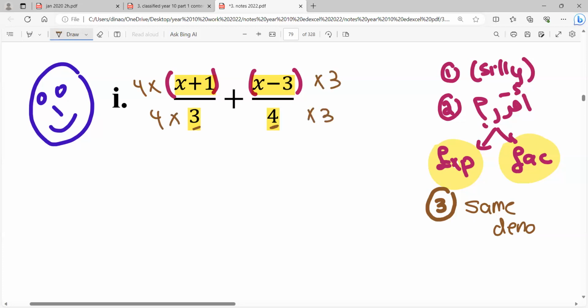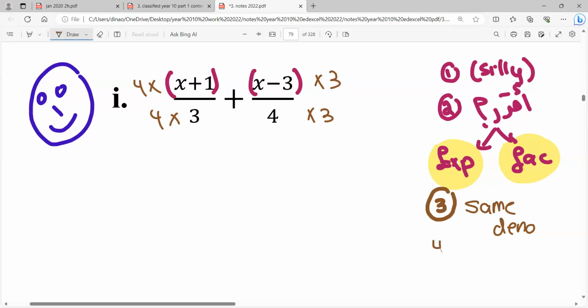Okay? I will multiply them by each other. So here in this fraction, I will multiply by 4 up and down. And in the second fraction, I will multiply by 3 up and down. I know that this way is the butterfly method, but I don't like to use it because of the more complicated questions.